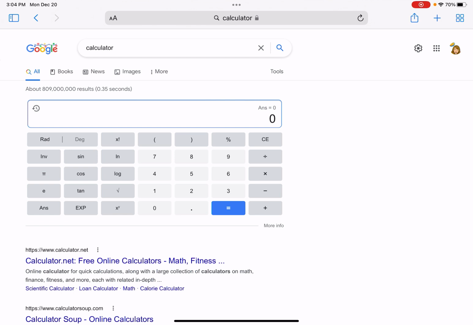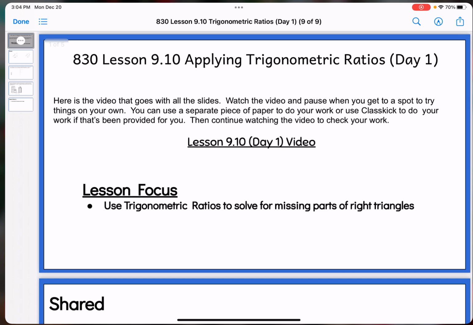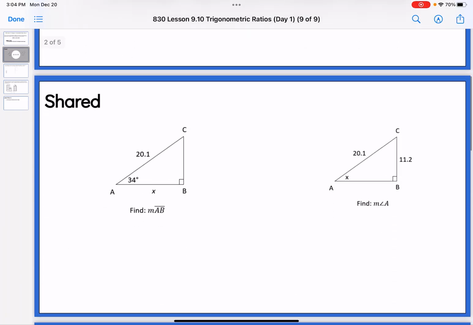But the one that's just on your Chromebook doesn't have enough, and it kind of messes a few details up. So just make sure that if you are not using the handheld one, that one is definitely easier. If you're going to use an electronic one, that you go to Google and do the Google calculator rather than the one on your Chromebook. So let's get started here and see how we're going to use that.